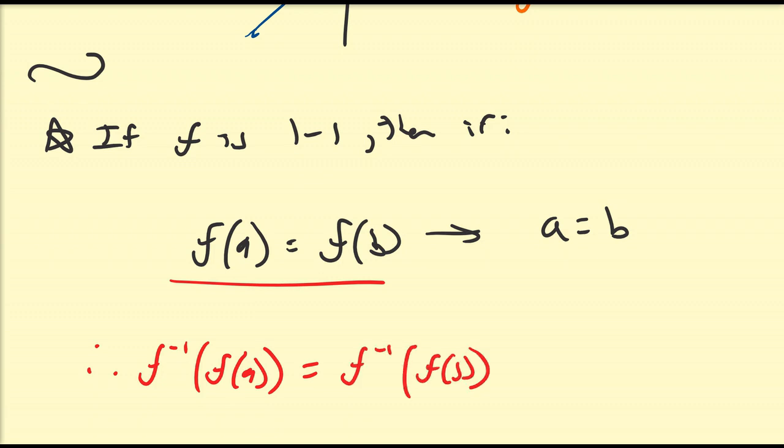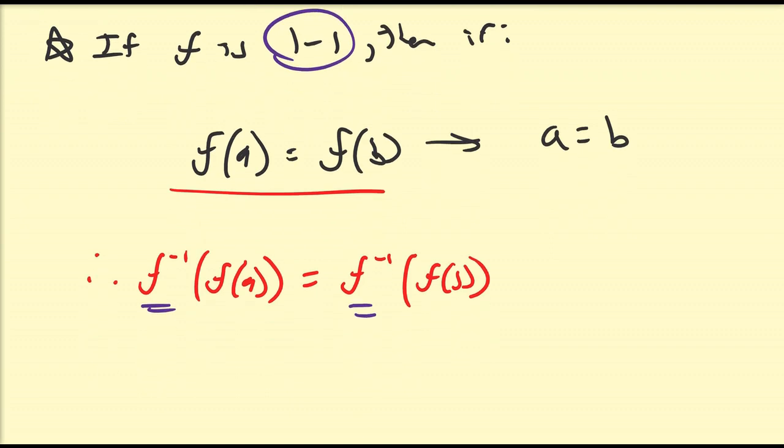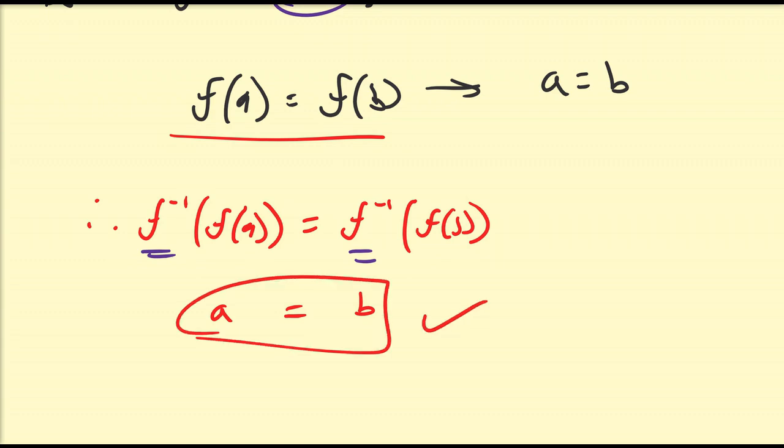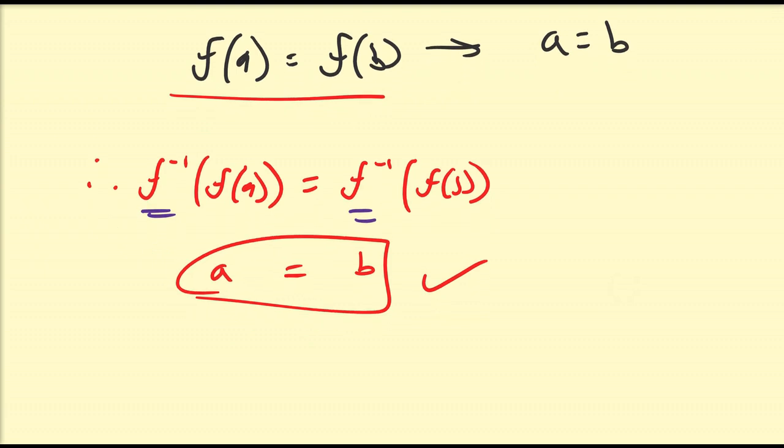Because the function is 1 to 1, therefore this compositional inverse function f inverse does exist. Now, if f and f inverse are compositional inverses of one another, then f inverse of f of a must be equal to a for all a in the domain of f, and f inverse of f of b must be equal to b for all elements b in the domain of f. So from that we get the result that we want, right? That's a nice little proof.